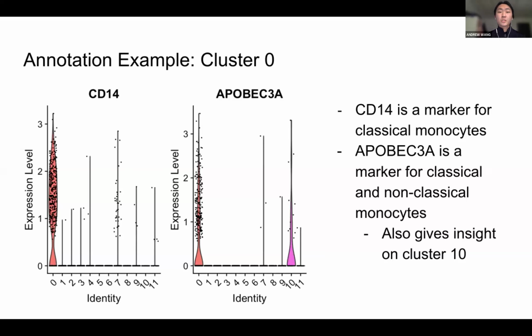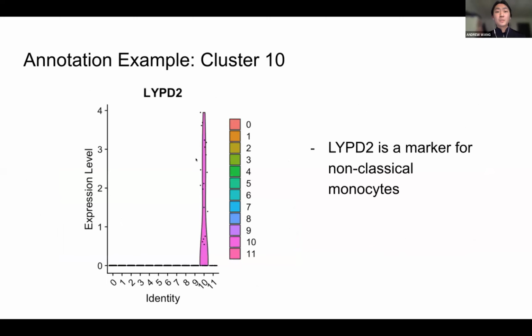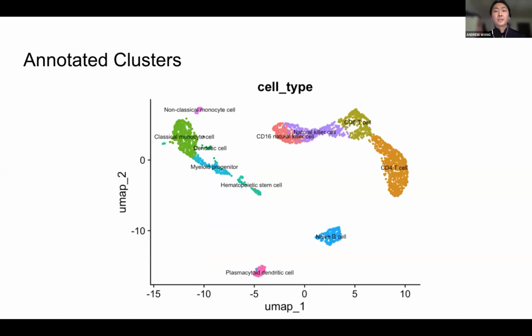The expression of this gene in cluster 10 gave me some insight into what cluster 10 could be. To confirm my suspicions, I plotted a violin plot of LYPD2, a marker gene for non-classical monocytes, and it is preferentially expressed in cluster 10, which confirmed that cluster 10 is non-classical monocytes. Using this pipeline, I did this with every cluster I had.